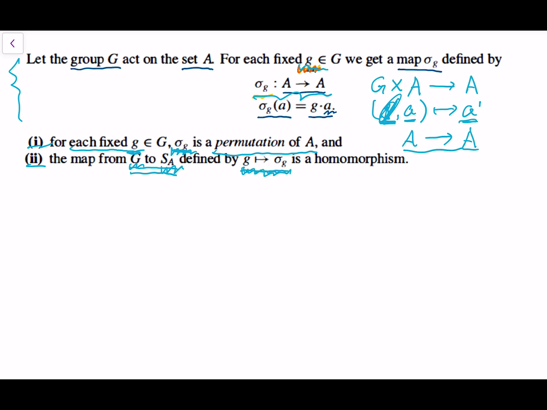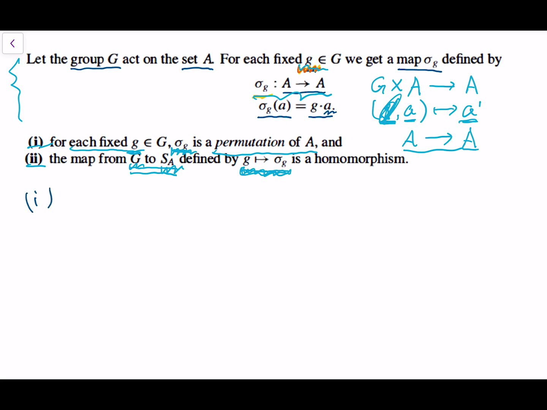Each element g in the group maps to the group action map defined by this certain element g, and we want to show that this map is a homomorphism. Okay, let's begin to prove those two properties.